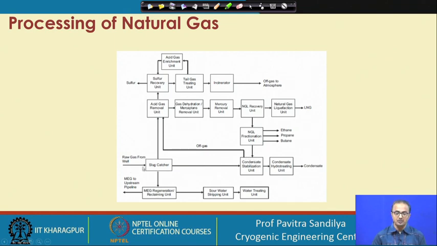First we see the raw natural gas is coming from here, and then we are taking out various types of slurries and other slugs.